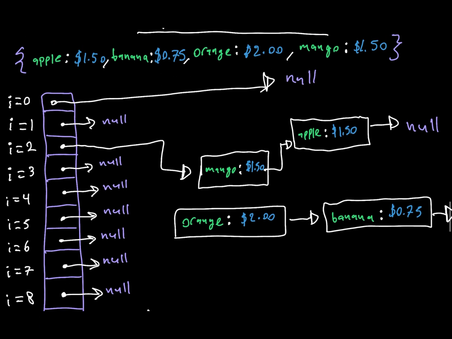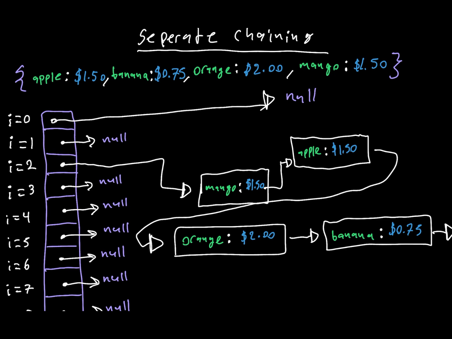Right? So imagine our hashing function was horrible. It had a horrible distribution. It said every single node is stored at index 2.